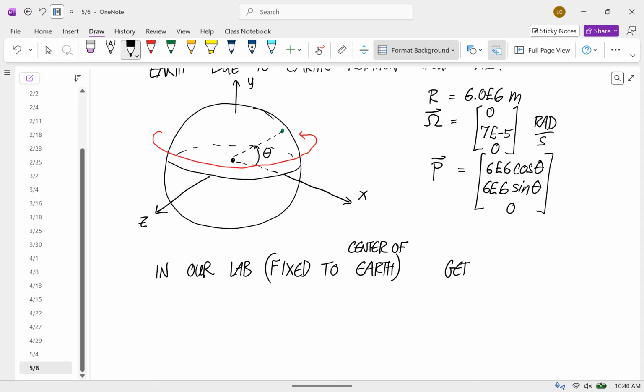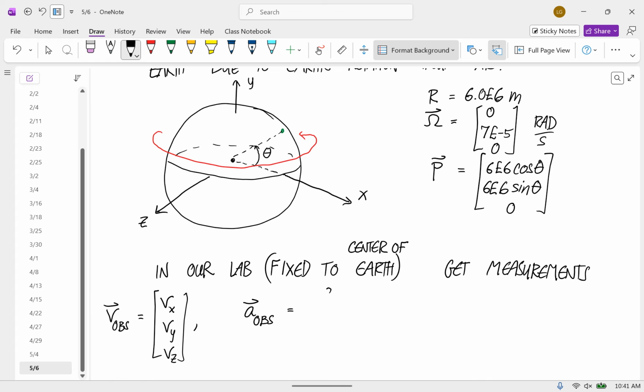So we get measurements, I'll call it Vx, Vy, Vz. That is our observed velocity of the particle. And we also take some acceleration measurements, and I'll call those Ax, Ay, Az.